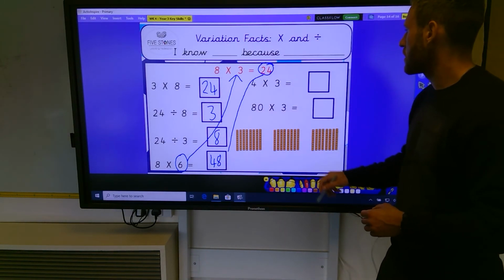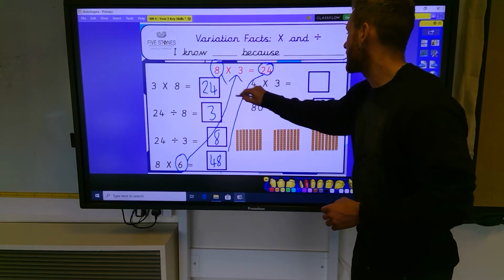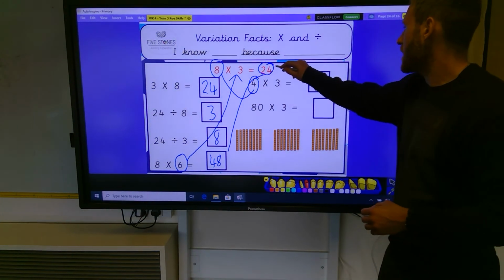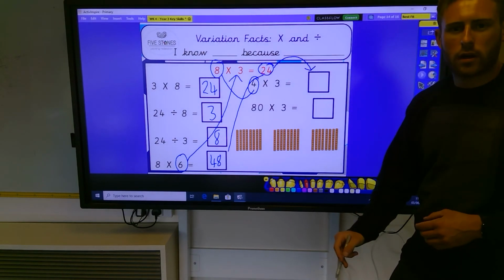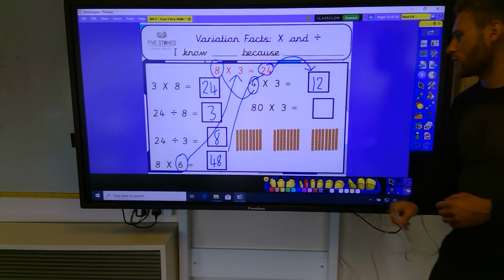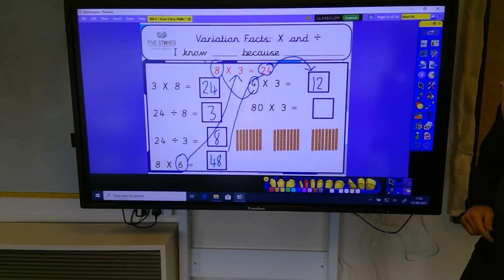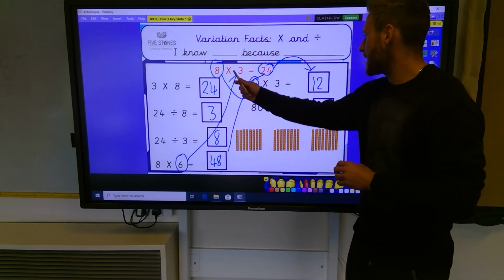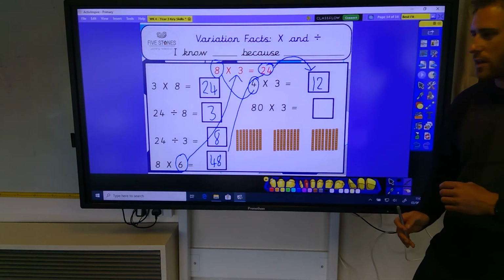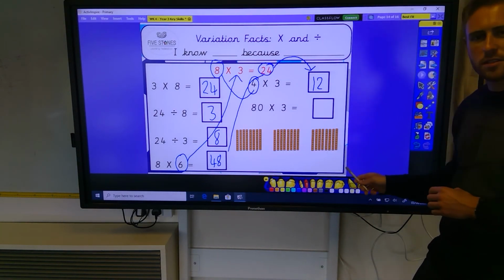Then 4 times 3. What's changed? Oh, this time 8 has been halved. So we need to halve this amount. Half of 24 is 12. Fantastic. For those who remembered it from the last slide, we moved on. And then now, instead of 8 times 3 equals 24, we've got 80 times 3. Can we see the 80 times 3?